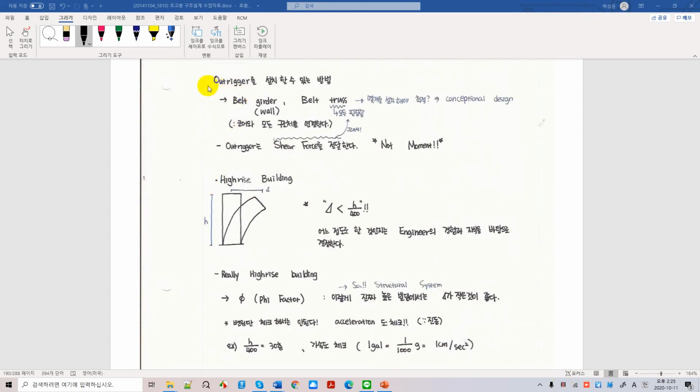Okay, so when you have an outrigger, then you can automatically install a belt truss or belt girder. You can call it either way, belt girder or belt truss. That belt truss is going to aid your outrigger, so that your outrigger floor can have an effective stiffness that contributes to resisting seismic load.